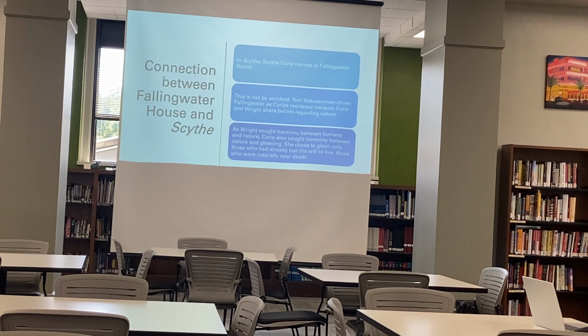And that's similar to Wright. Wright sought harmony between humans and nature. And Scythe Curie also sought this harmony between nature and gleaning. She chose to glean only those who had already lost the will to live, those who were naturally near death. And that really should be in quotation marks. Naturally near death.